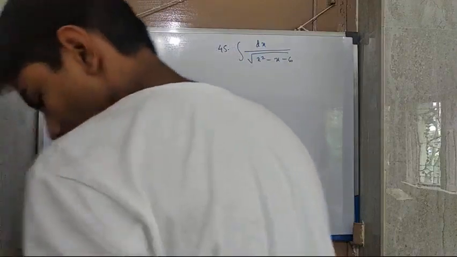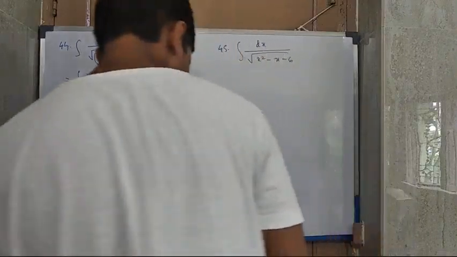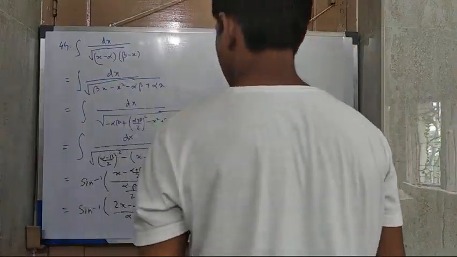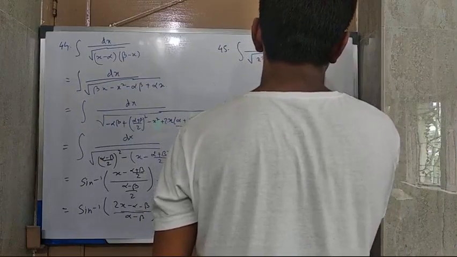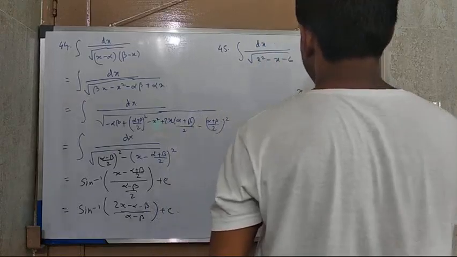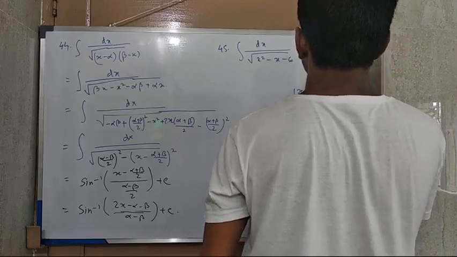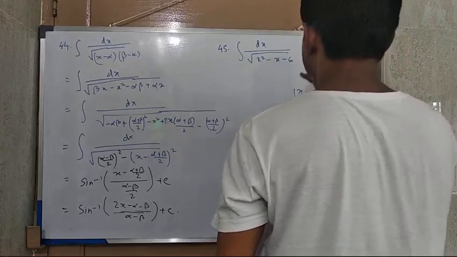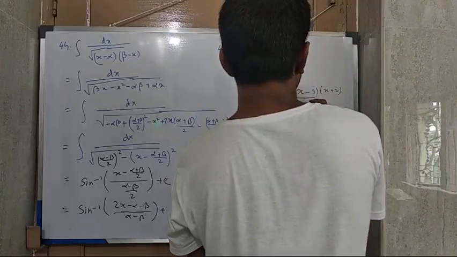So what we can do here is factor it, which is x minus 3 times x plus 2. Then take this as z squared.